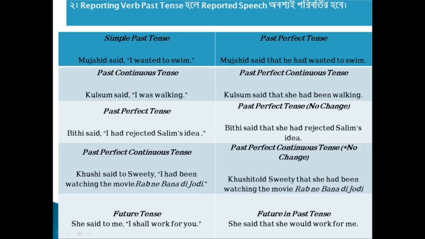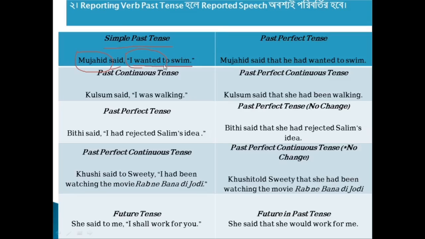Okay, let's see the first example. Mujahid said, I wanted to swim. In direct speech, inside inverted commas, we see that here it is I wanted to swim. It is past indefinite tense.